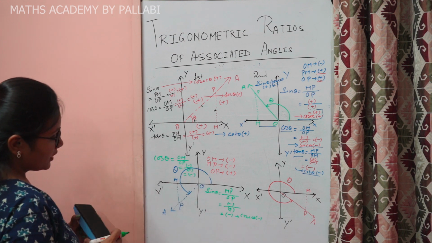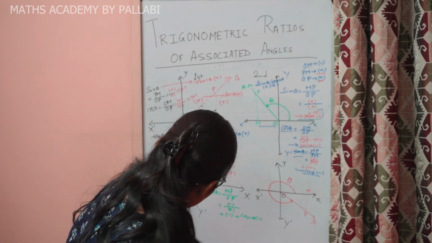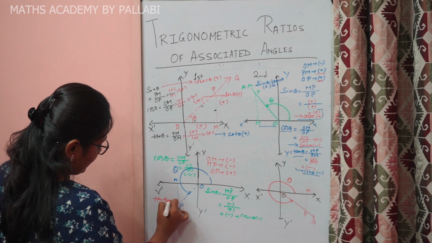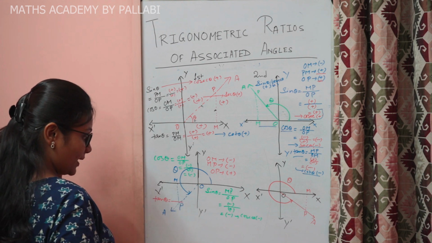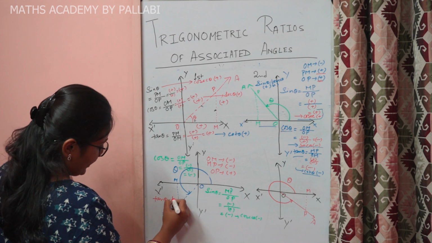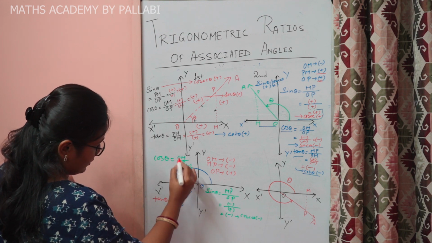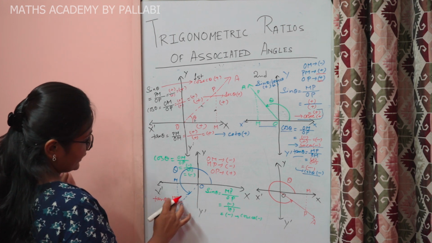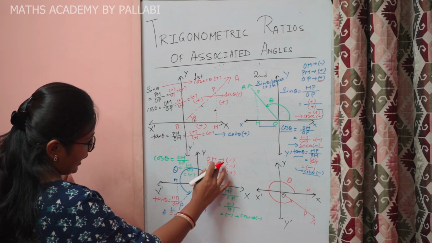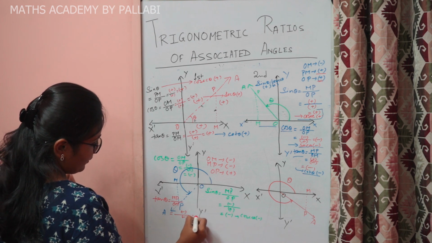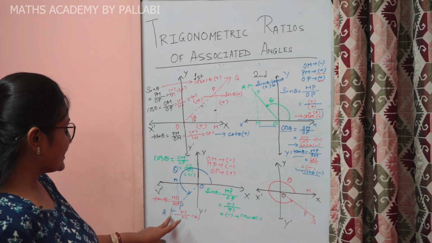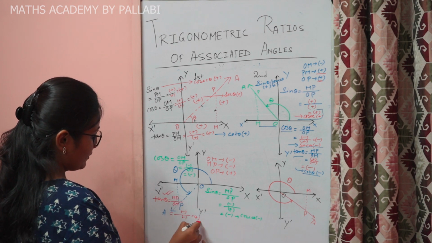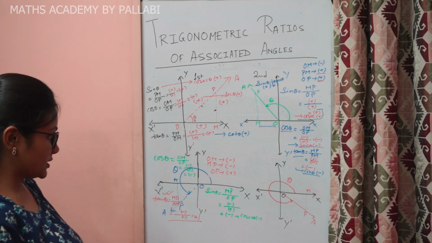For the last one, tan theta: height MP by base OM. Here MP is negative and OM is also negative, so it will be positive. So if OA lies in the third quadrant, then only tan theta will be positive, and that means cot theta will be positive.